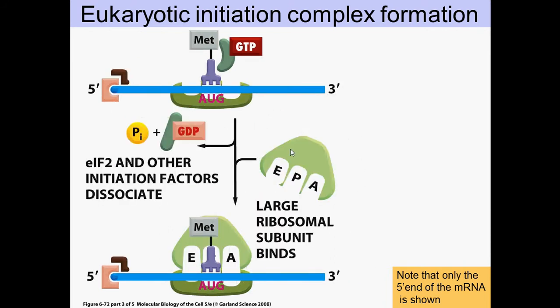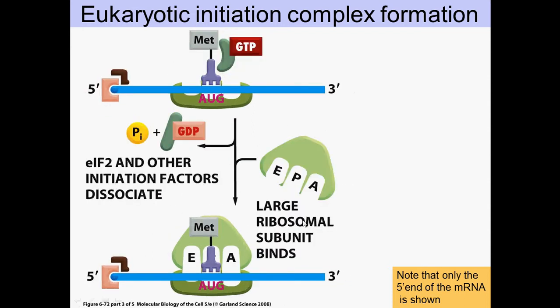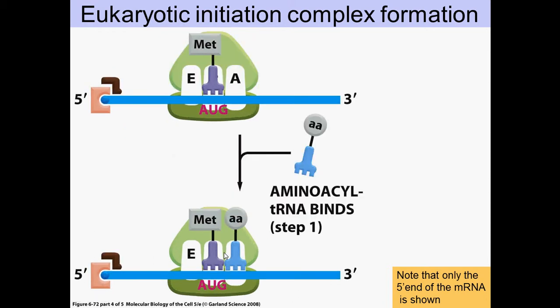And then over here we have the GTP being hydrolyzed, and the EF2 leaves and other initiation factors leave so that the large subunit can combine. And we have an aminoacyl tRNA, which is a tRNA that has just one amino acid, comes over here, and then it makes a bond between the methionine and then the second amino acid.